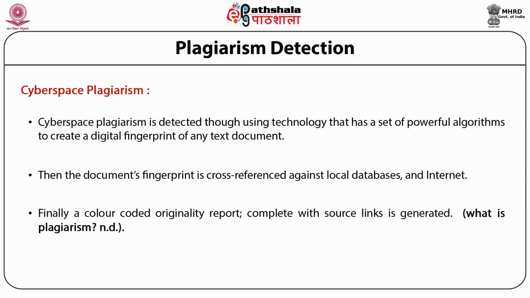These contract sites are grouped into 4 categories: auction sites, discussion forums, essay mills, and feed aggregators. Using plagiarism detection software for detecting cyberspace plagiarism is the latest trend across academic institutes.